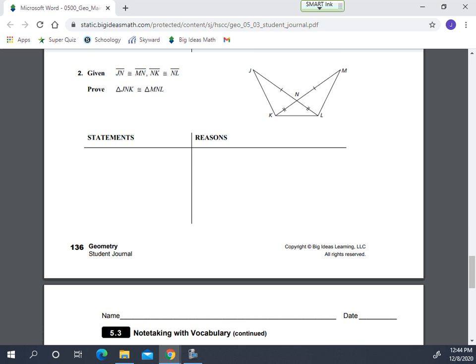This one, start with our given. Okay, we know what our given is. JN is congruent to MN. Where is that? JN and MN. Okay, well, hey, there's a side. I like to write next to it, I like to say there's a side, just so I can keep track.